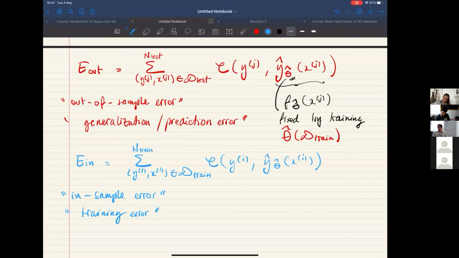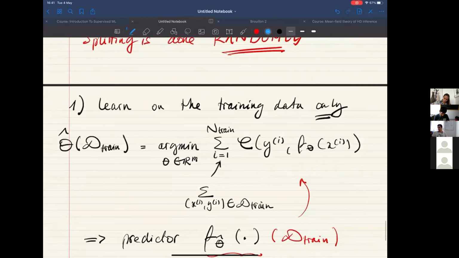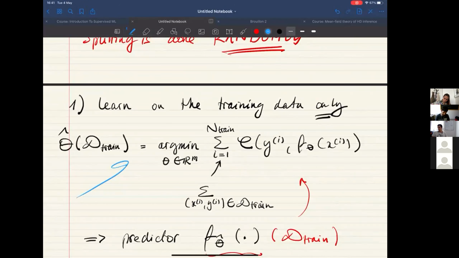So what do we do when we learn? This is the learning procedure. When we are learning, we are trying to minimize the training error. So learning is equivalent to minimizing, with respect to theta, the training error.